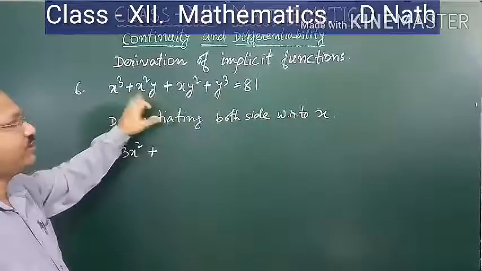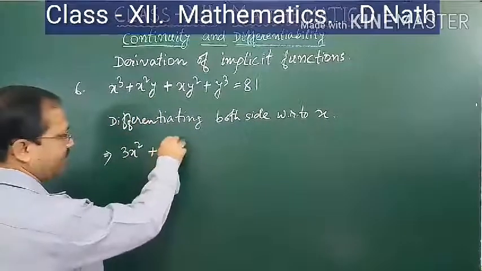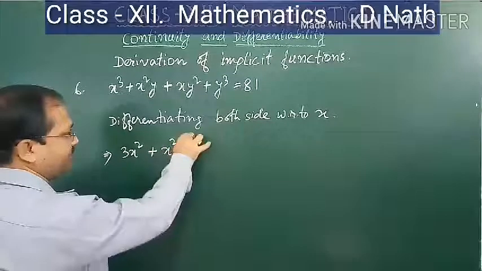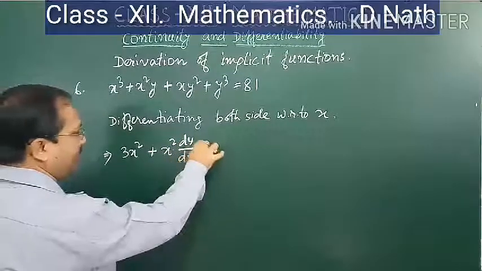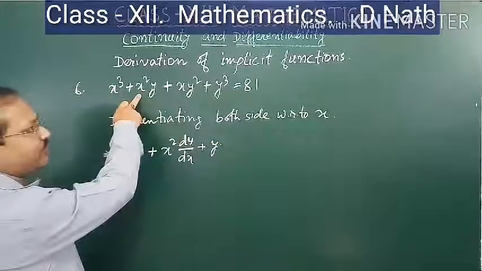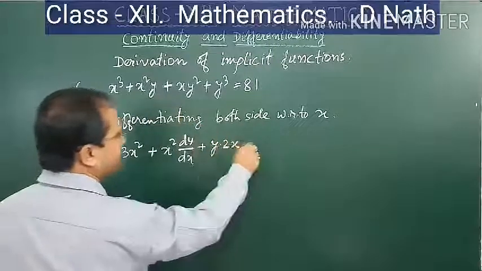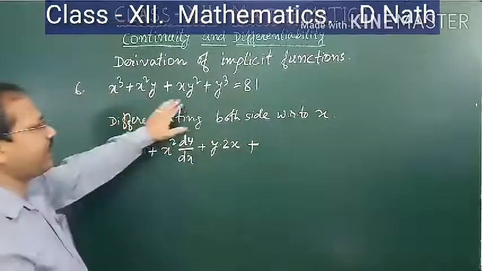So how do we have to do it? Product rule. So first term, x square into dy dx plus y into ddx of the first term, ddx of x square is 2x, plus, so this is now xy square.